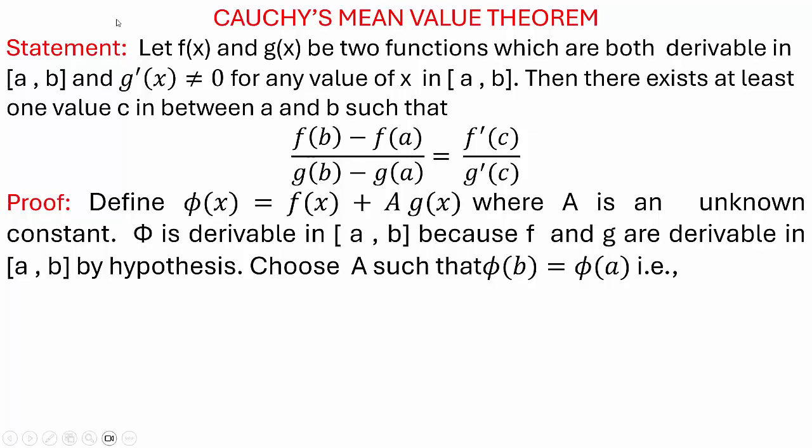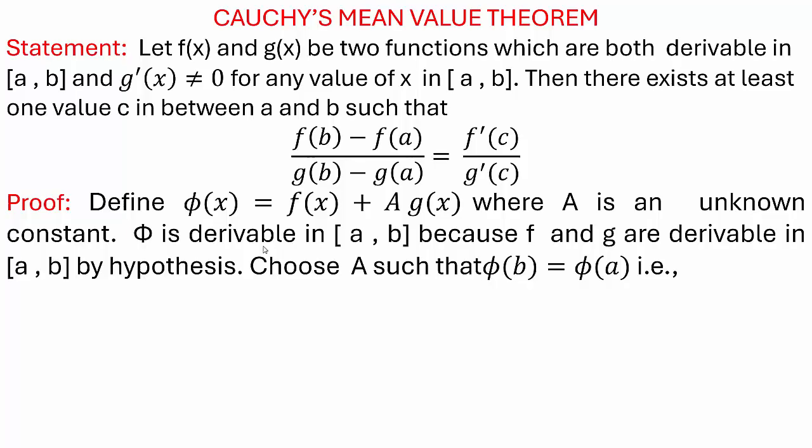Then clearly, as f(x) is derivable and g(x) is derivable, phi(x) is also derivable in the closed interval [a, b], as f and g both are derivable in the closed interval [a, b].